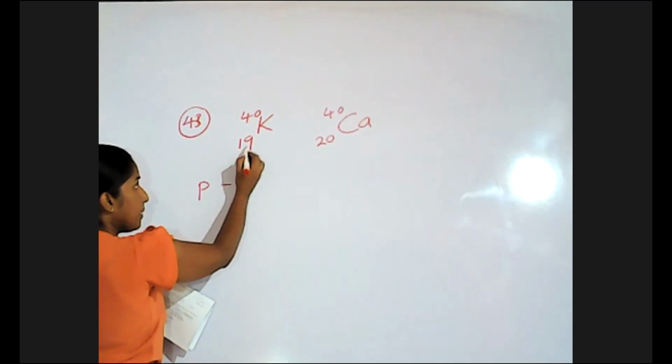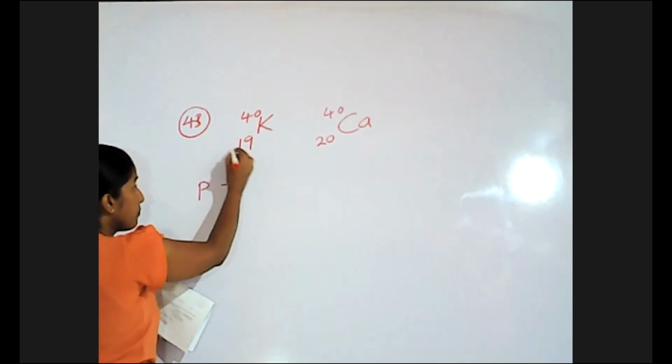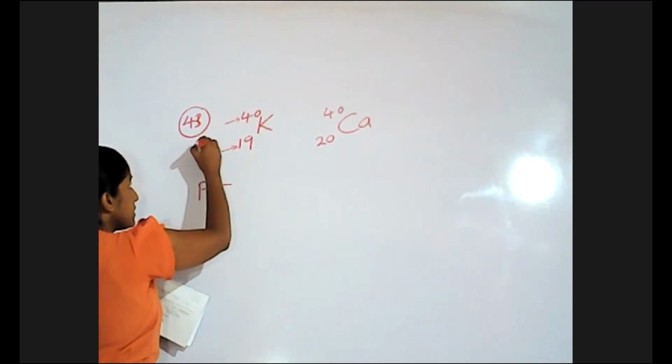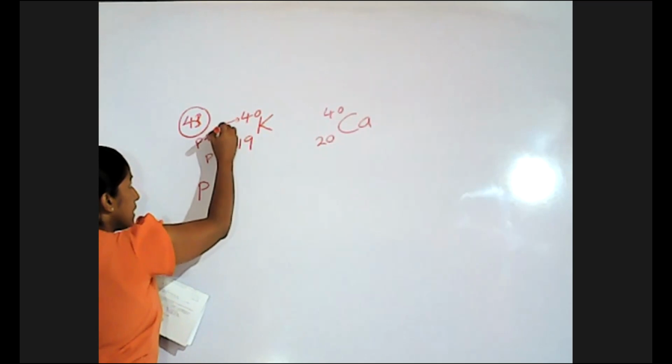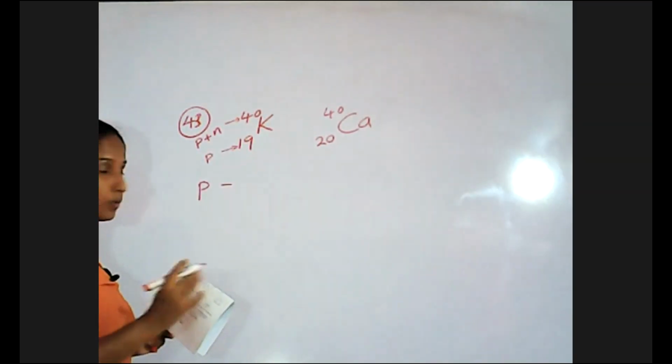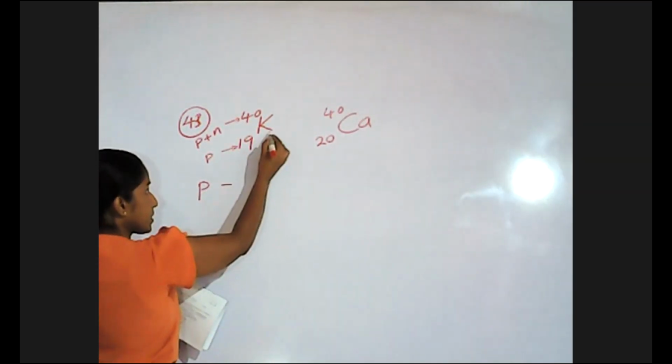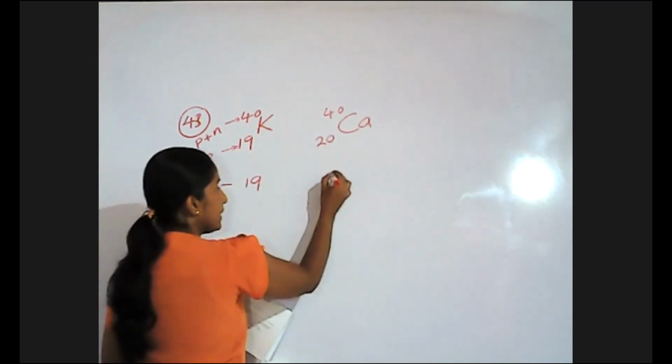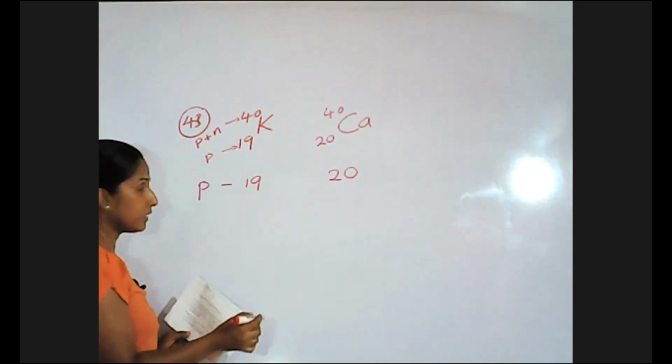This is the atomic number and this is the mass number. Atomic number means the number of protons. The mass number means the sum of the protons and neutrons. We know all these things. So here in potassium, the number of protons is 19. Here it is 20.